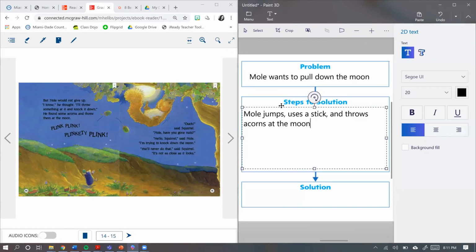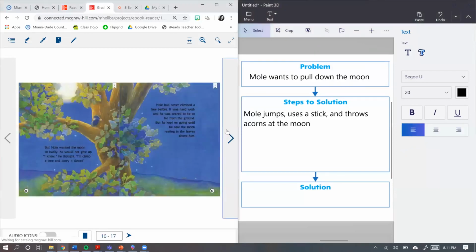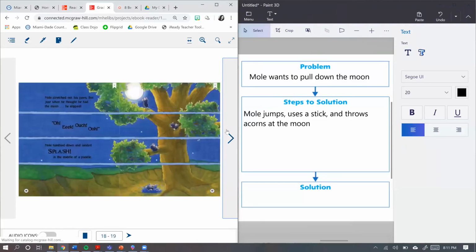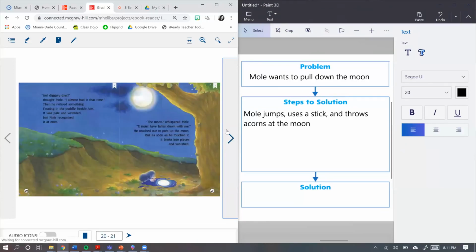Those are all the steps that he takes to try to solve his problem. So I want to stop and ask you now, do you think he was successful by taking those steps? If you said no, you are absolutely correct. Mole was not able to pull down the moon by jumping, using a stick, or throwing acorns at the moon. So then he had to take all these steps to realize what his true solution was.